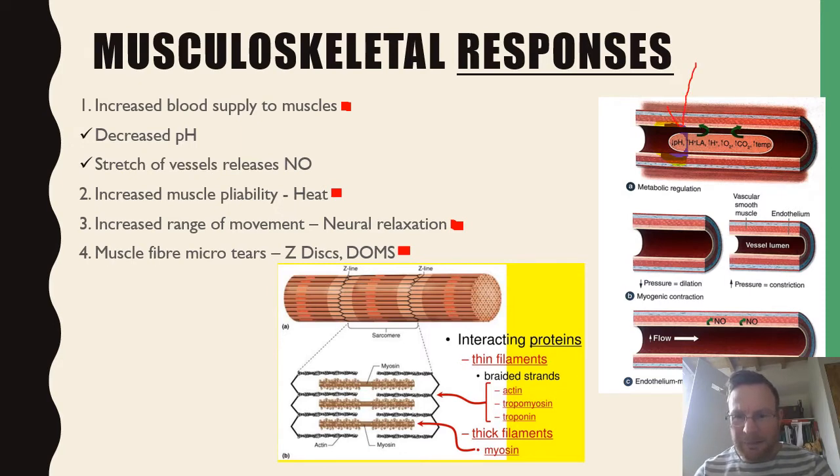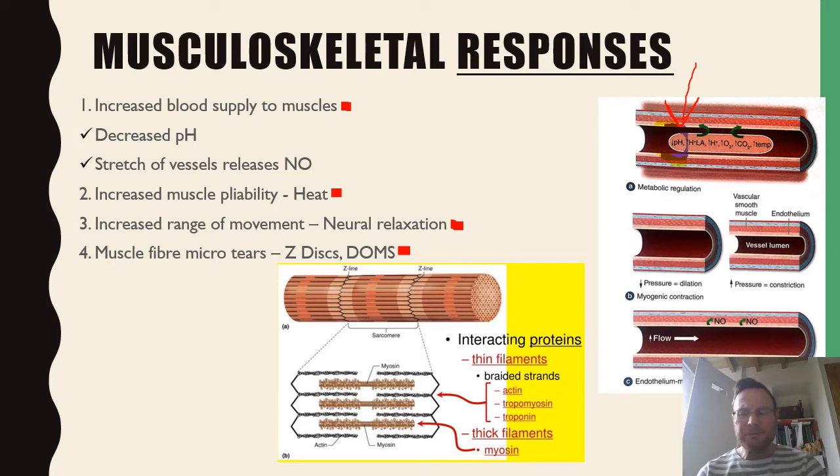So here, what it's trying to show is that decreased pH, i.e., increased acidity, causes an increase in the diameter of blood vessels.